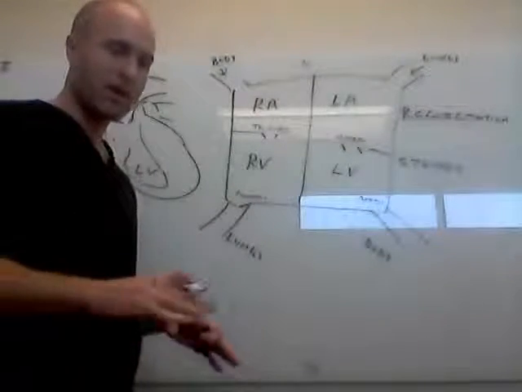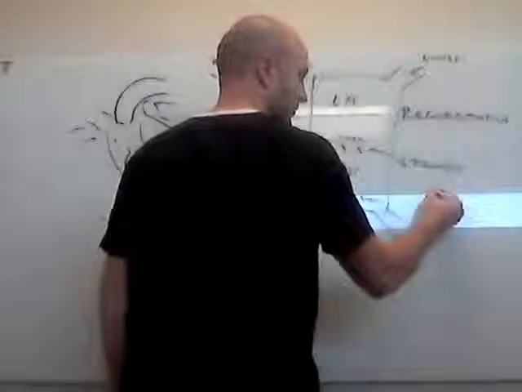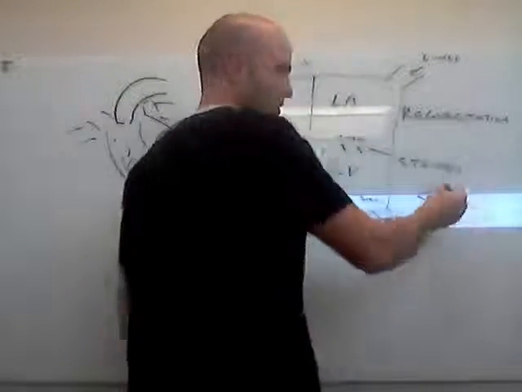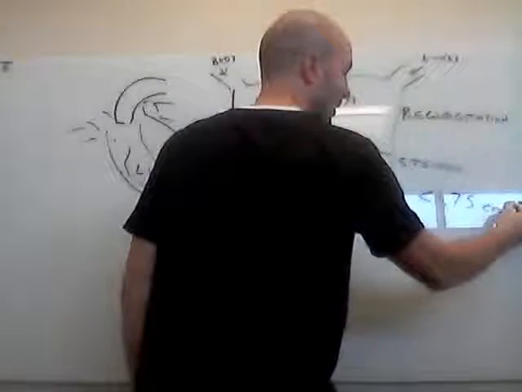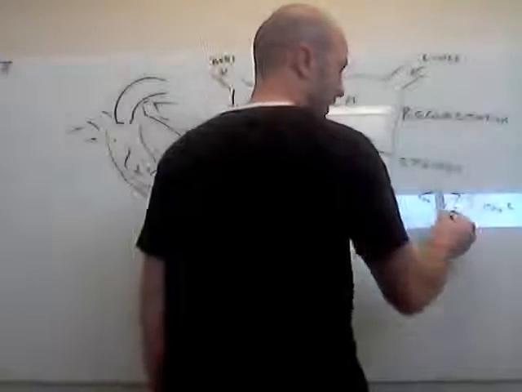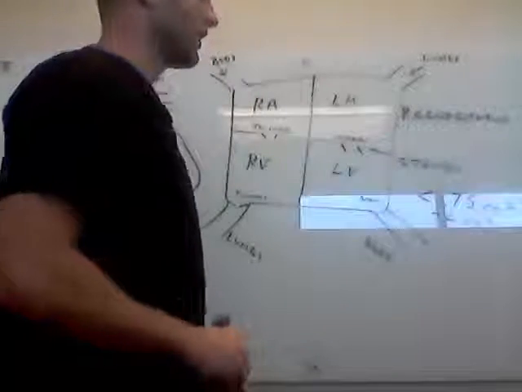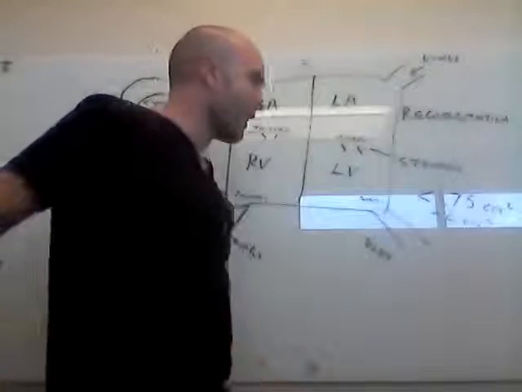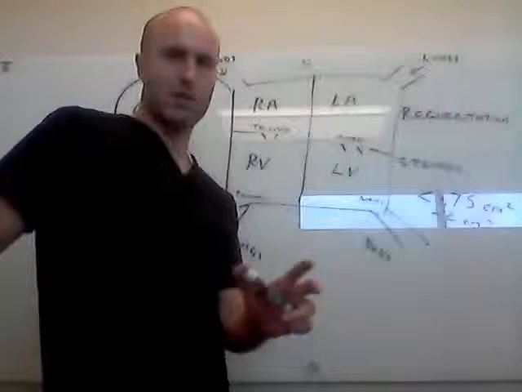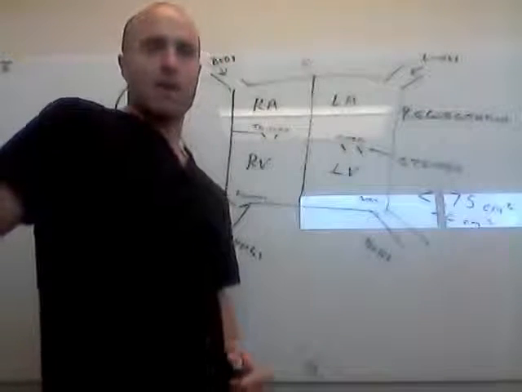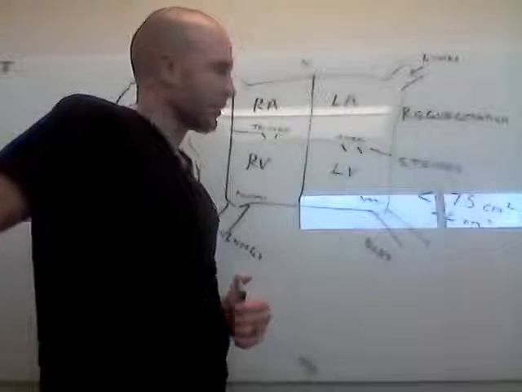You're not going to hear anything until the valve area is greater than 1.75 centimeters squared, somewhere between 1.75 and 2 centimeters squared. It's going to be asymptomatic because of stenosis. So when the patient comes in, you're not going to hear anything until it gets that.